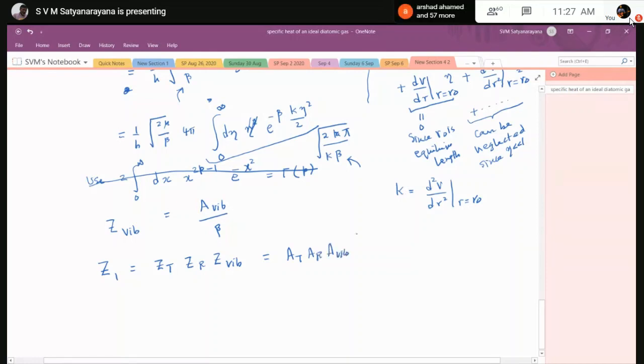You can understand why I'm not interested in this constant, which does not depend on temperature. Then the translation part has got 1 by beta to the power 3 by 2. Rotation has got 1 by beta, and vibration has got 1 by beta. So this is some constant, I will just call it A1, divided by beta to the power 7 by 2.